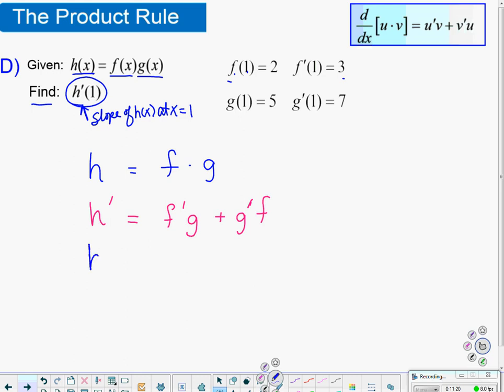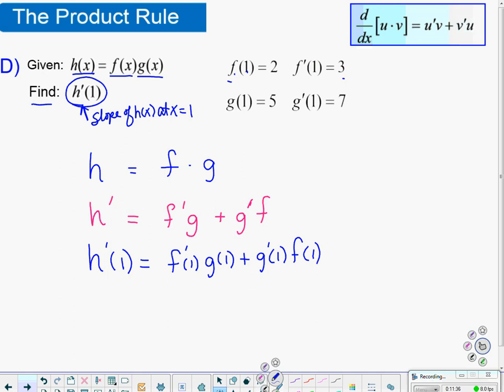Now, let's evaluate this at 1, since that's the task that they ask us to do. So I'm going to have F prime at 1, G of 1, plus G prime of 1, F of 1.